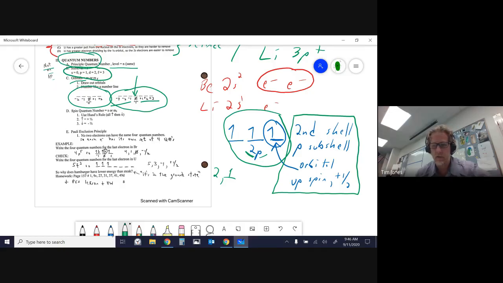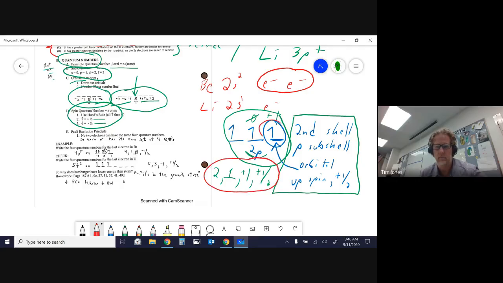So in this case, this would be the 0, and this would be a +1 orbital, so my next would be +1. You don't have to put the plus, but I like to emphasize it. And then the last is the spin. Up is a +1/2, a down is a -1/2. So since this is up, we would go +1/2. And those would be the 4 quantum numbers for just that electron that I circled here.